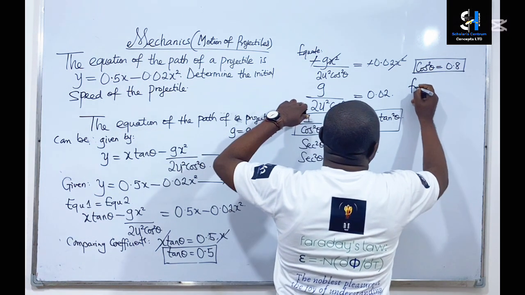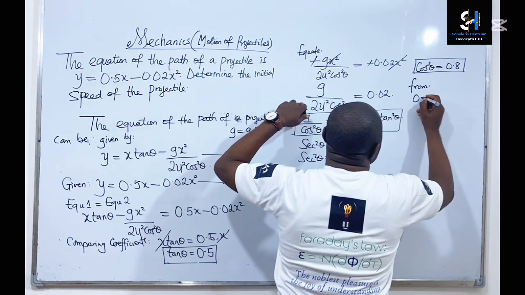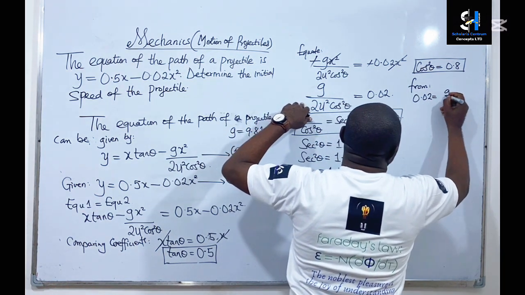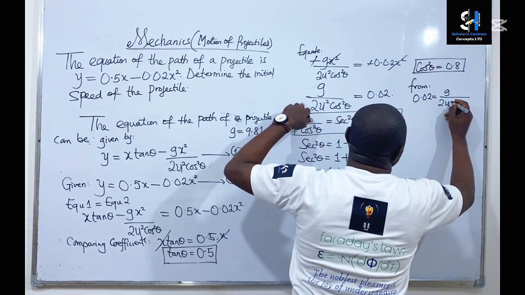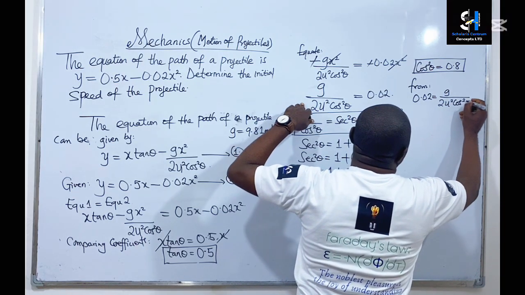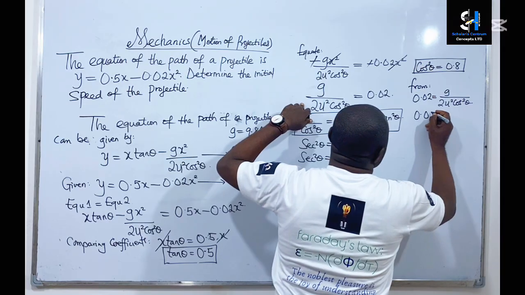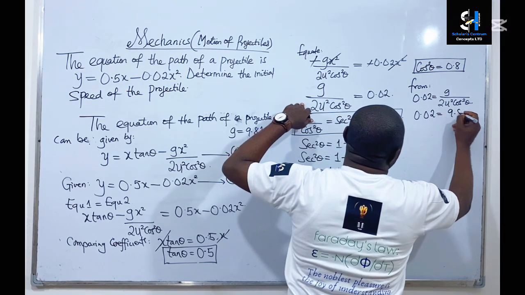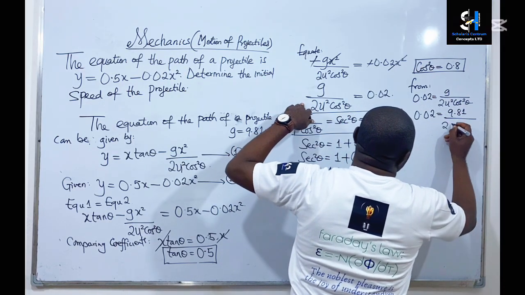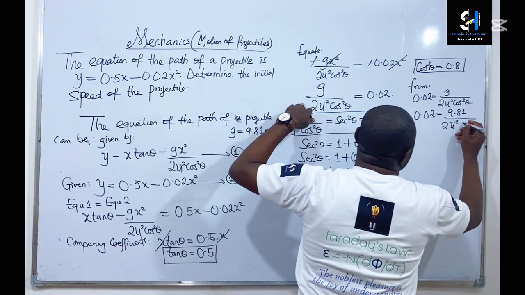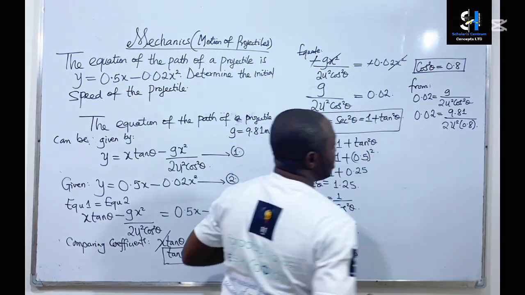So 0.02 equals g over 2u squared cos squared theta, that is 0.02 equals 9.81 divided by 2u squared times 0.8.